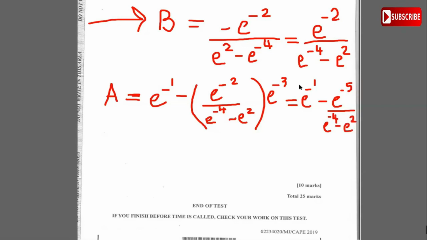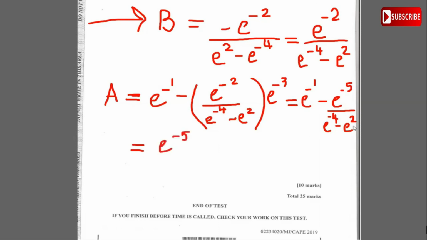And so you can make it one fraction now by multiplying this times e to the minus 1. So when the bases are the same, you add the powers, making it one fraction, you get e to the, add the powers, minus 1 plus minus 4 will be minus 5. So you get e to the minus 5.